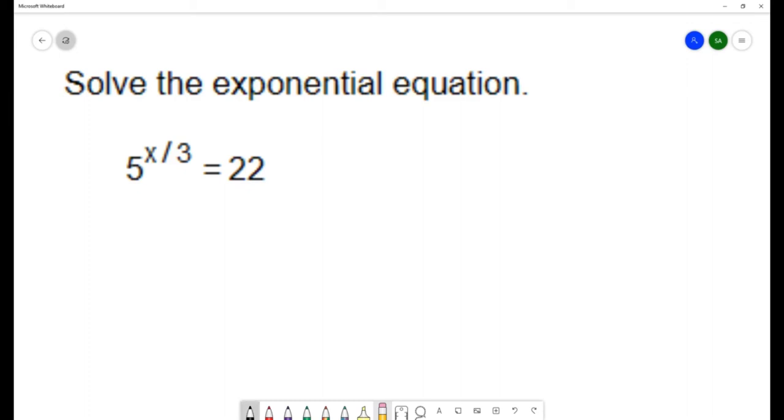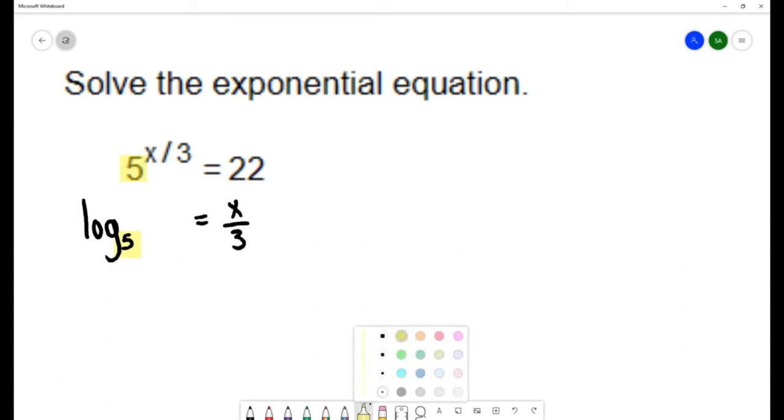So if I were to convert this to a log, let me write the word log, and I would use the base 5 because 5 is the base of the exponential. Now the log always equals the exponent. So the log is going to equal x over 3, what's in the exponent here.